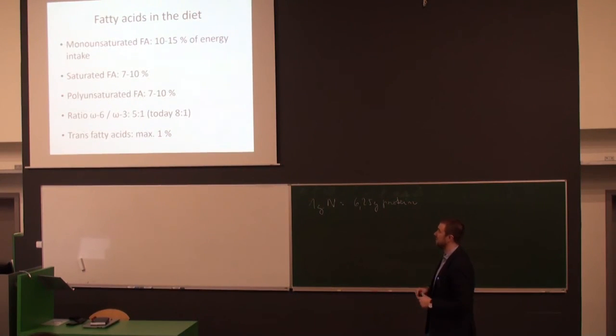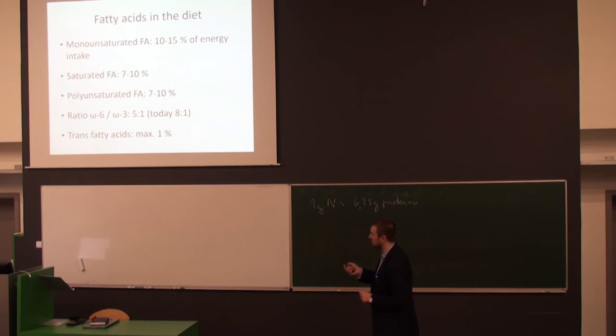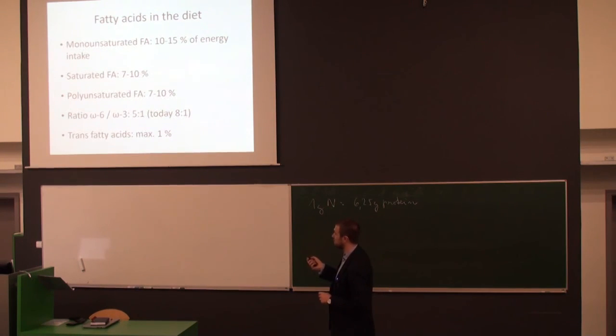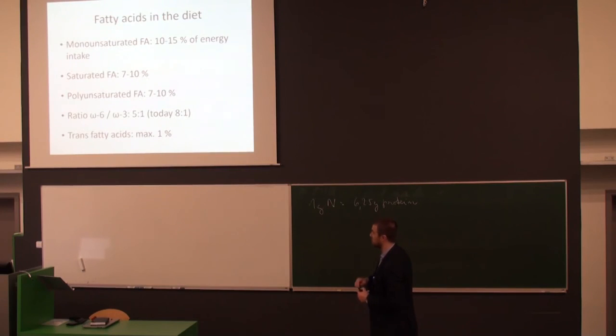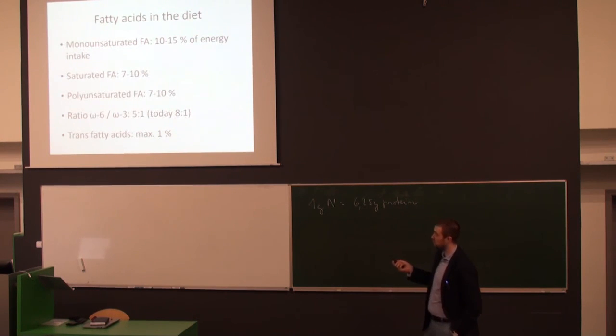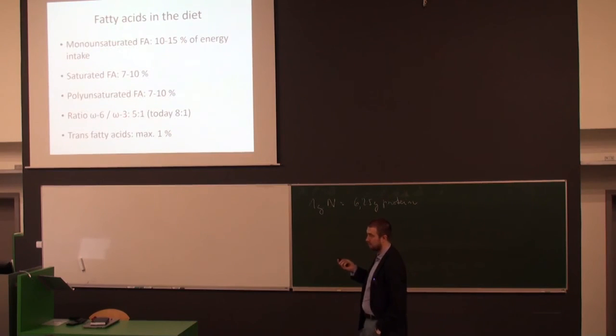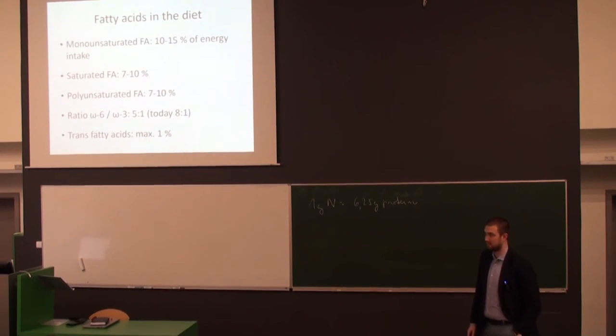Saturated fat around 7 to 10, with the predominance of stearic, and get rid of the lauric, myristic. Polyunsaturated fat should form also 7 to 10. And what you want is the proper ratio omega-6 over omega-3, 5 to 1. Nowadays it is typically much higher. And then the trans fat should form only 1%.